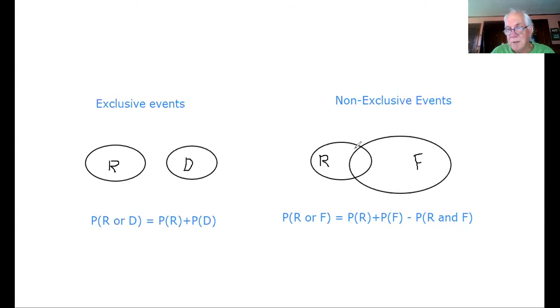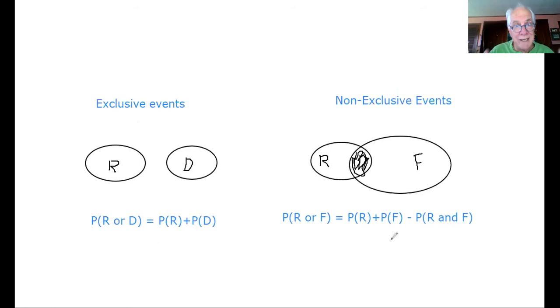But there's this group in here that I'm counting both times. I'm counting them when I count Republicans, and I'm counting them when I count females. So I subtract it once. This is the difference between exclusive and non-exclusive events.